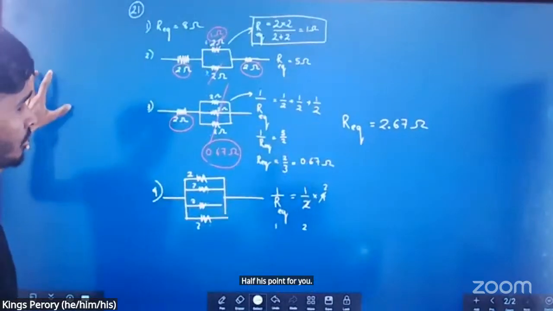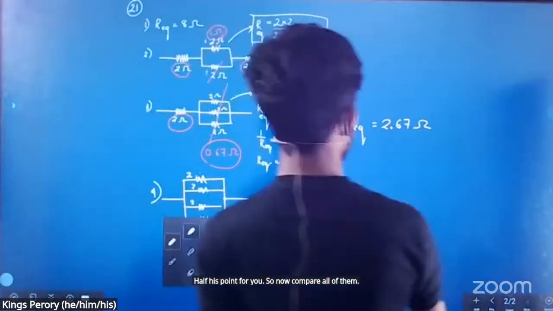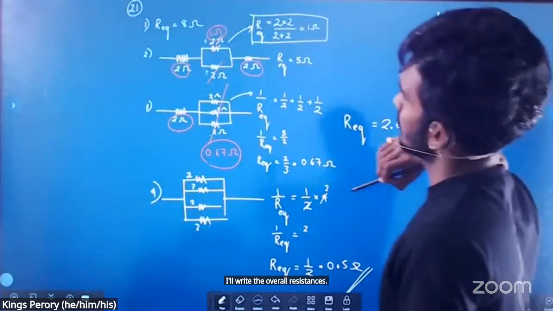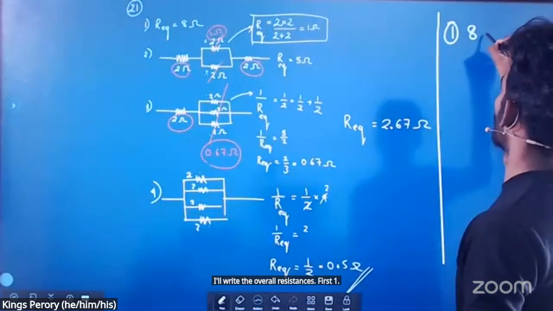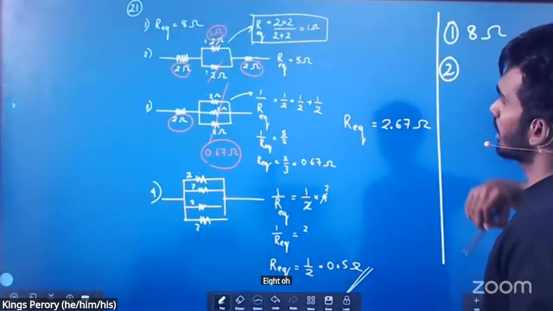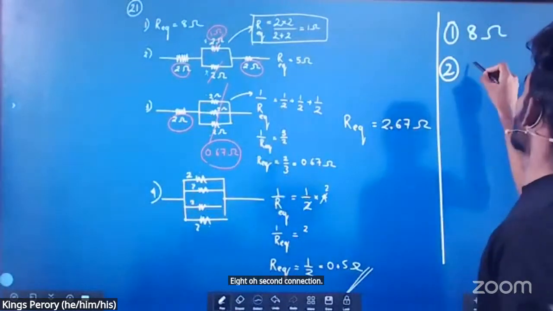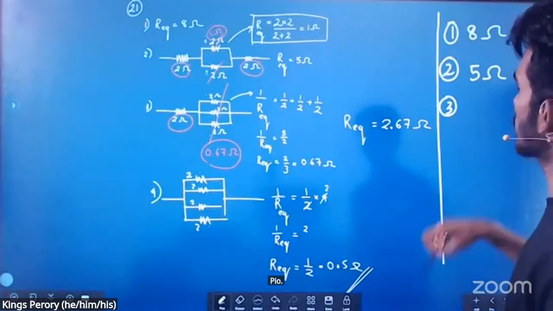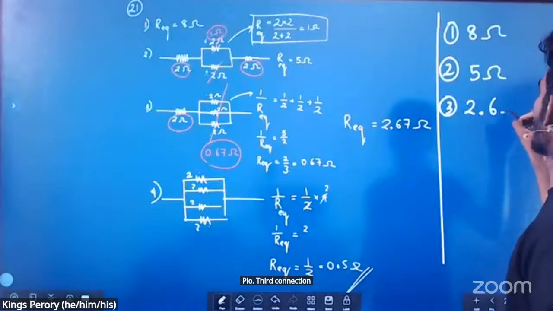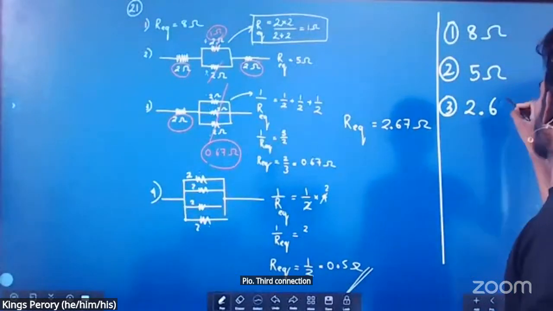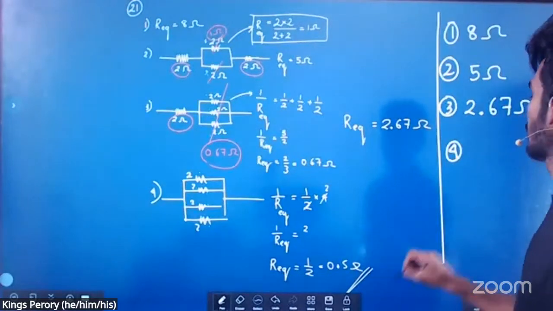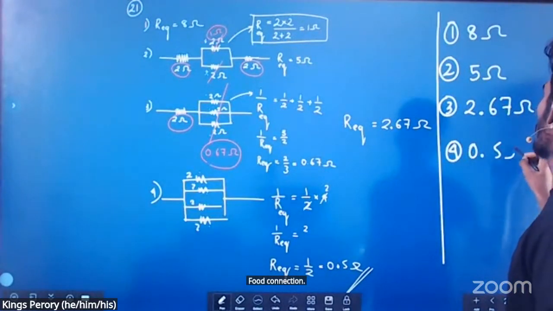So now compare all of them. I'll write the overall resistances. First one, 8 ohm. Second connection, 5 ohm. Third connection, 2.67 ohm. Fourth connection, 0.5 ohm.